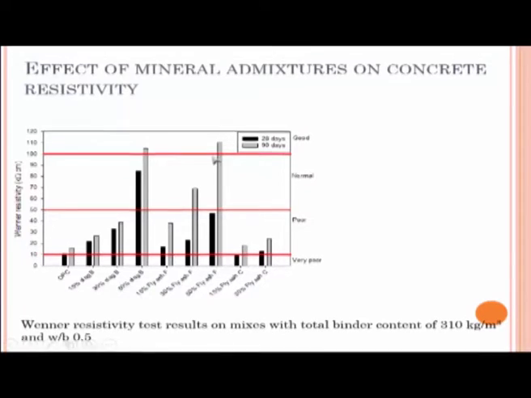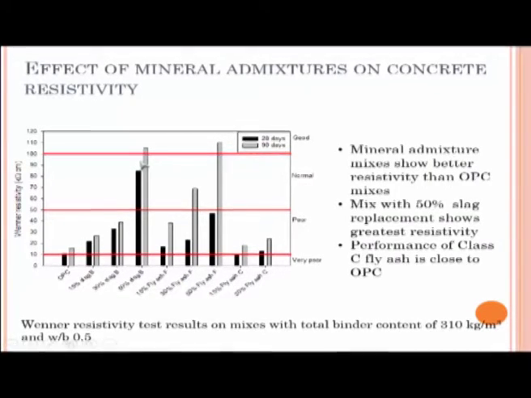You can see that the ones which are normal and good have a very high proportion of slag and fly ash replacement. So when you replace cement with slag and fly ash, your resistivity increases. That means the potential to resist the flow of ions and water inside the concrete and resist corrosion increases when you replace cement with fly ash and slag.